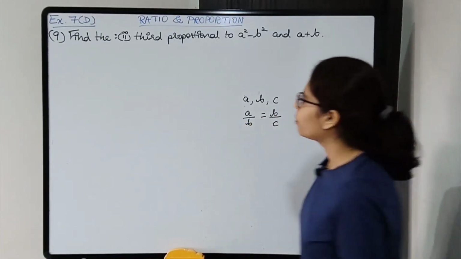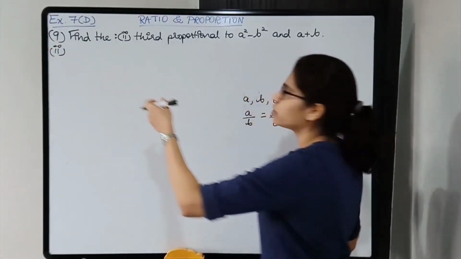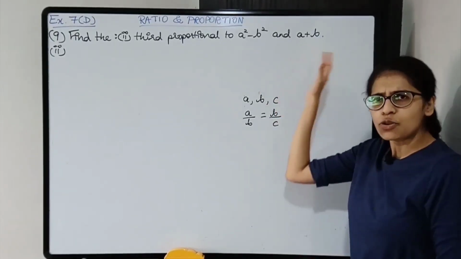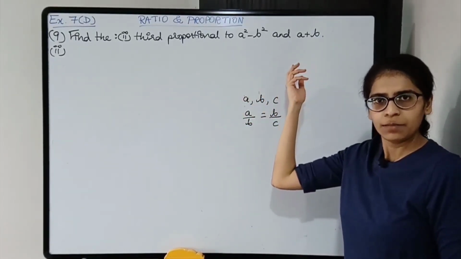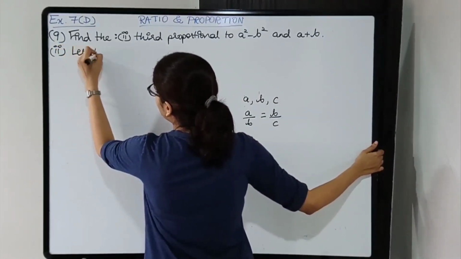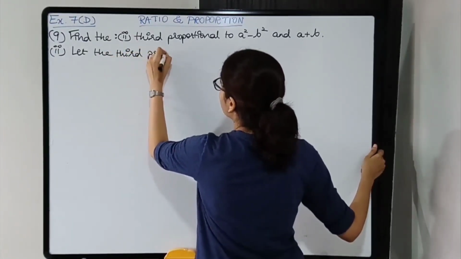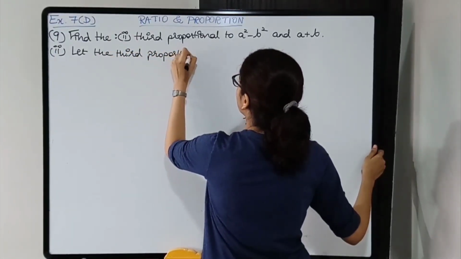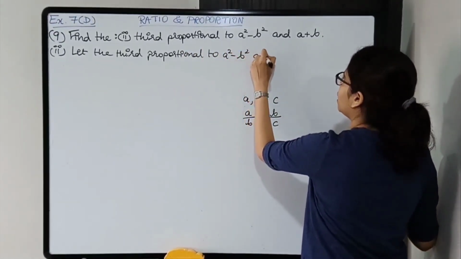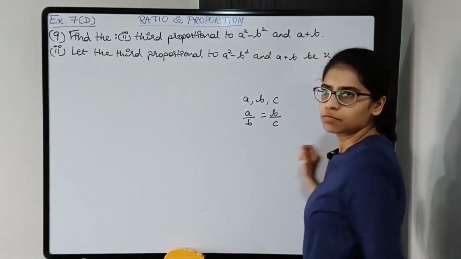So let's say that the third proportional over here is x. A and b are used already. So you can take any variable besides a and b. So I am taking it as x. Let the third proportional to a square minus b square and a plus b be x. ठीक है.